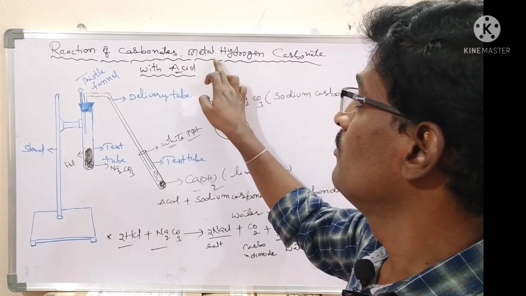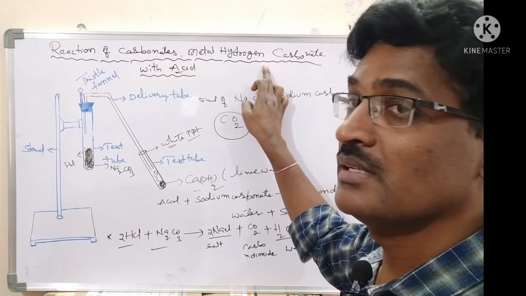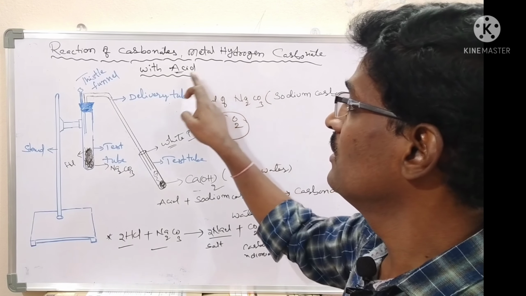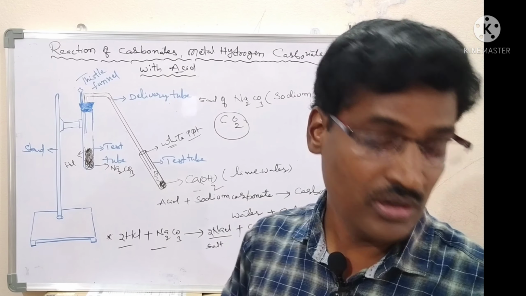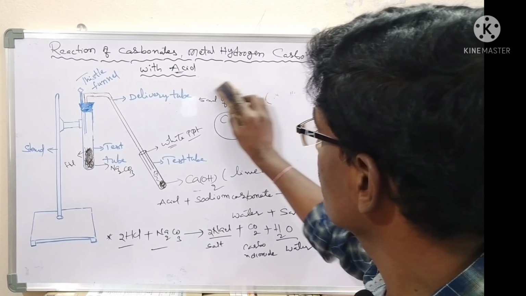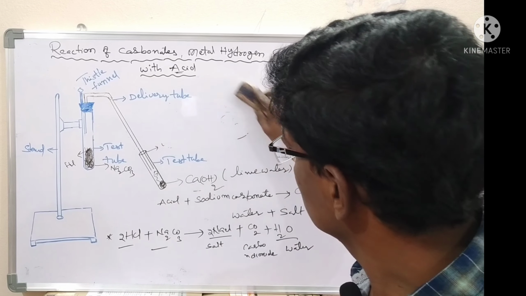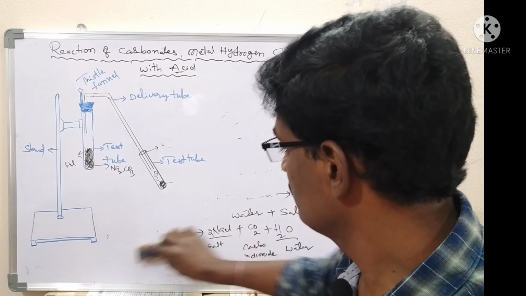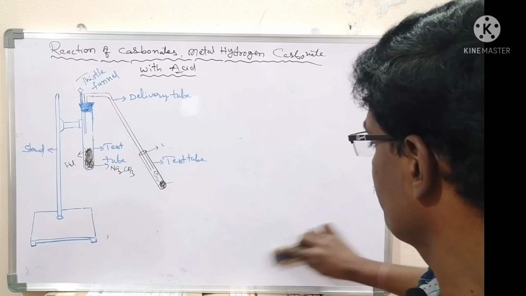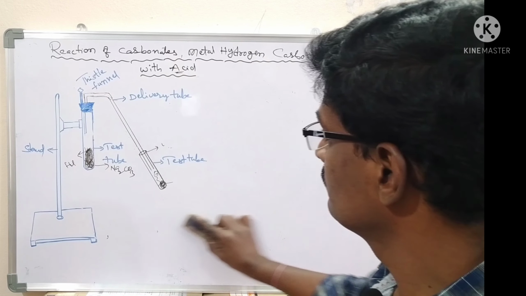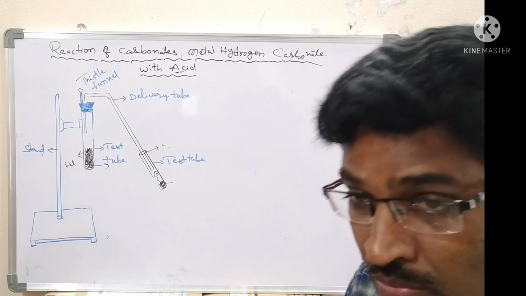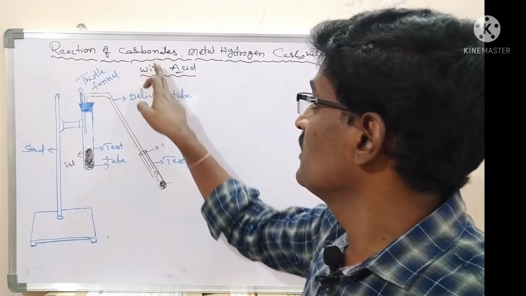Now, metal hydrogen carbonates, also known as bicarbonates. If bicarbonates react with acid, what will it give? Carbonates are over.